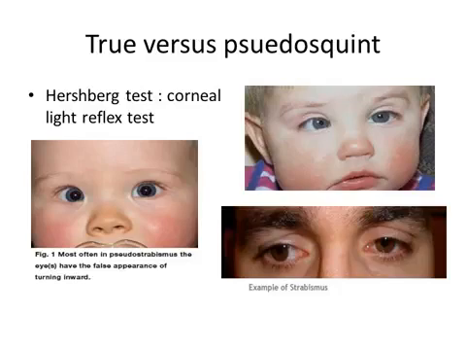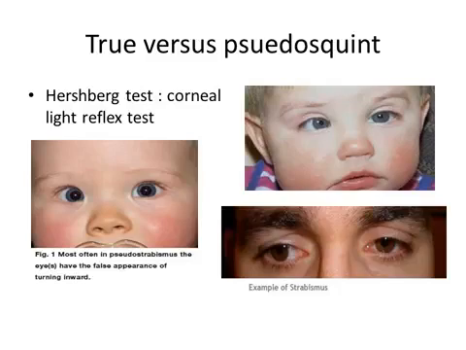His right eye looks esotropic because there is a large epicanthic fold, especially on the right side, covering the medial aspect of the eye and giving an impression that there is right esotropia. While doing the corneal light reflex test, the reflexes are symmetrical and central.